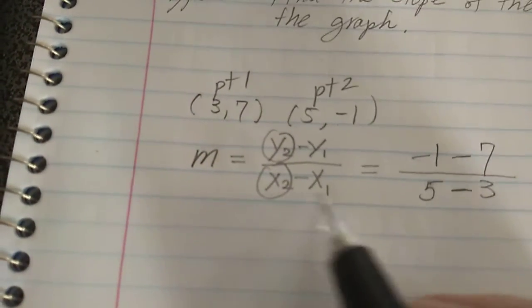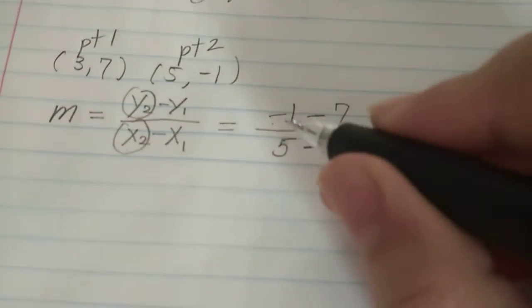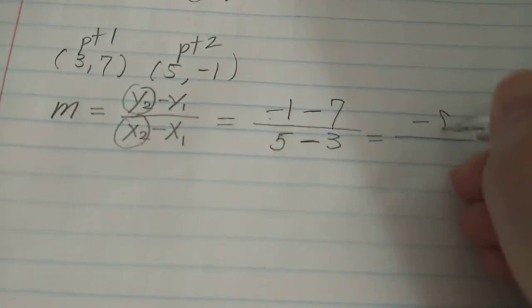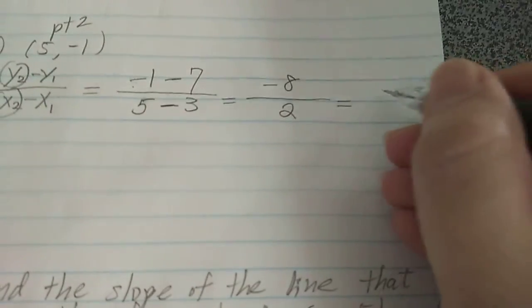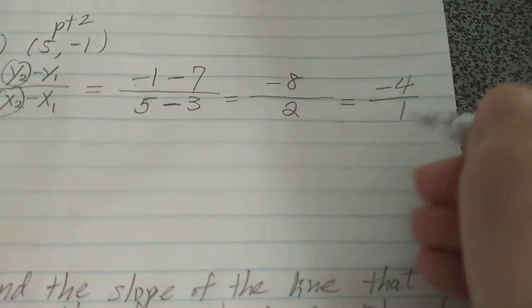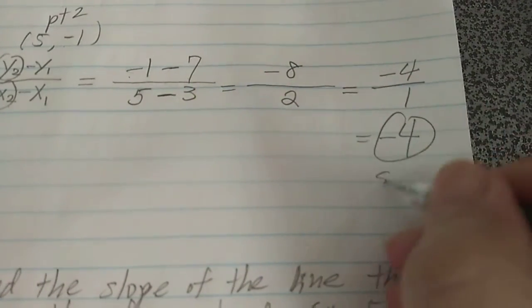That's what these 1, 2 mean. Now I'm going to calculate my slope. -1 minus 7 is -8. 5 minus 3 is 2. And the answer simplified is -4 over 1, or simply -4. That is the slope of this line. Okay, -4.